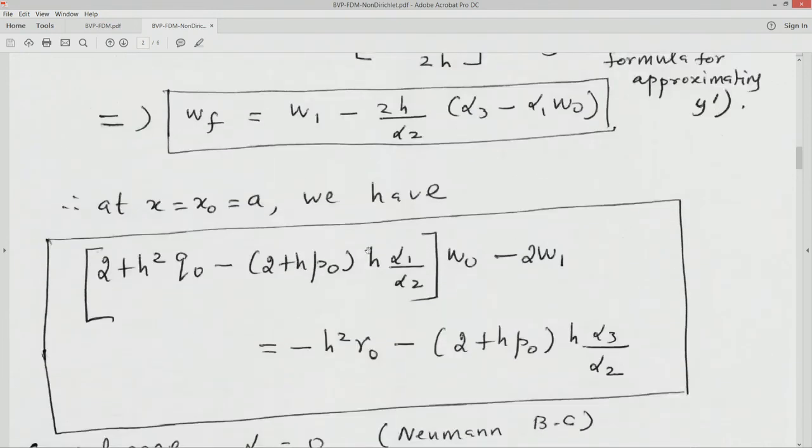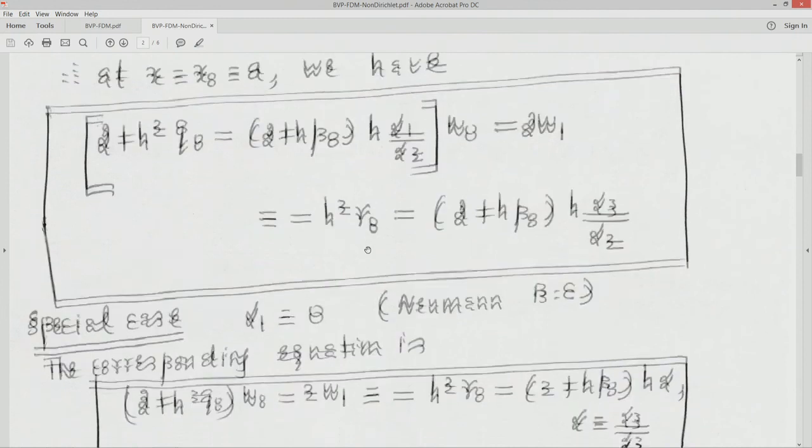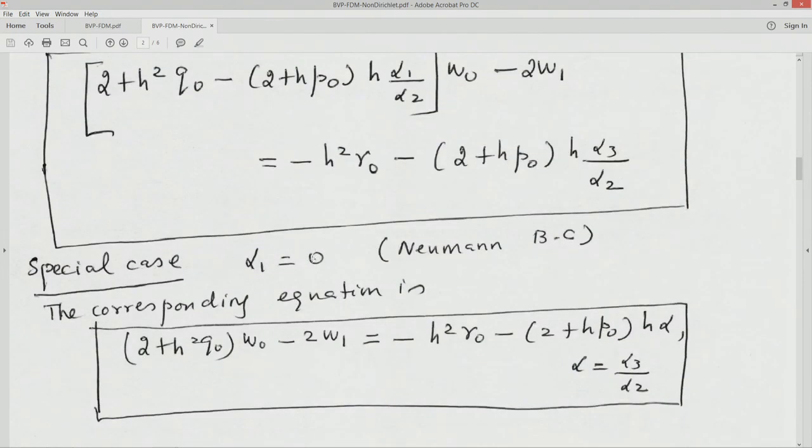Let us consider the special case. When we have alpha 1 equal to 0, then our boundary condition turns out to be alpha 2 y prime A is alpha 3. So, y prime at A is alpha 3 by alpha 2, which I denote by alpha. So, y prime at A is alpha, and therefore, that corresponds to a Neumann boundary condition, because the derivative alone is specified at one end point A. So, in that case I can deduce the equation that I should use from here by substituting alpha 1 equal to 0 in this.